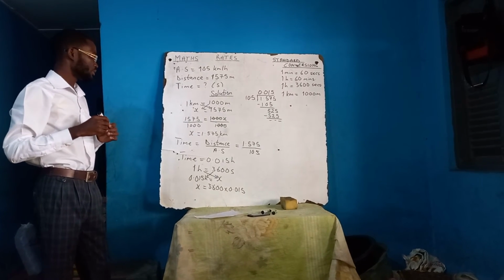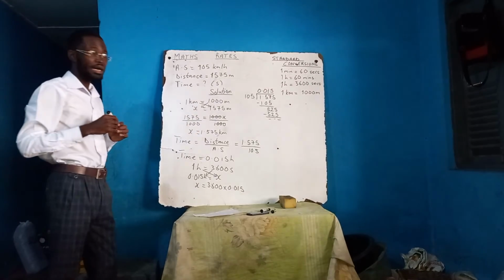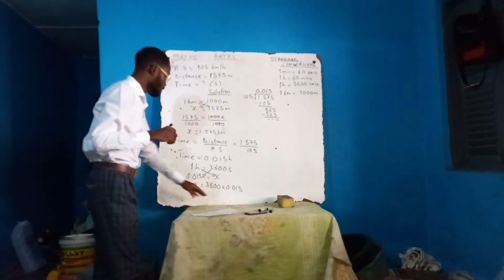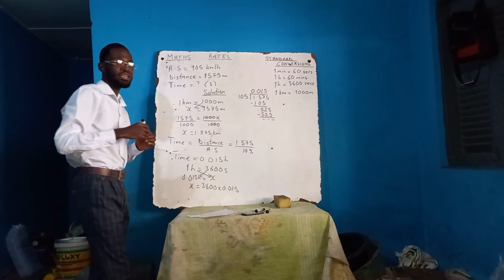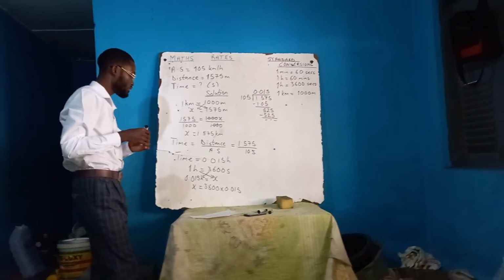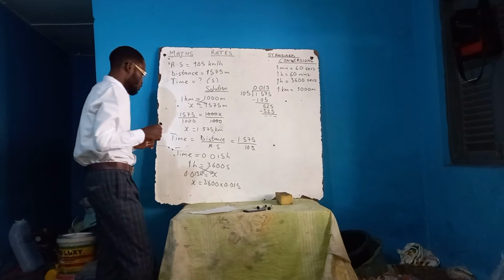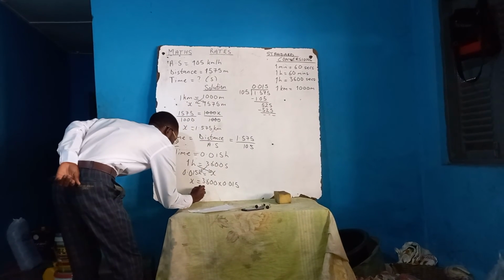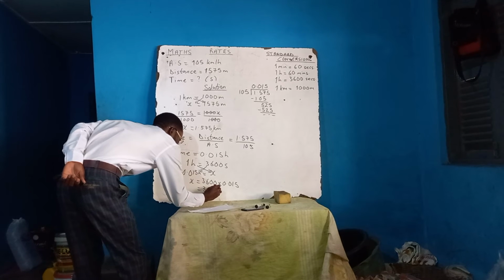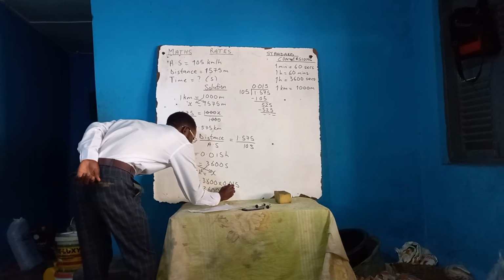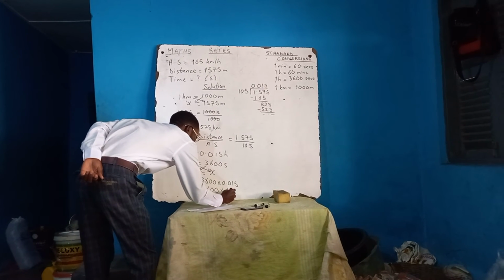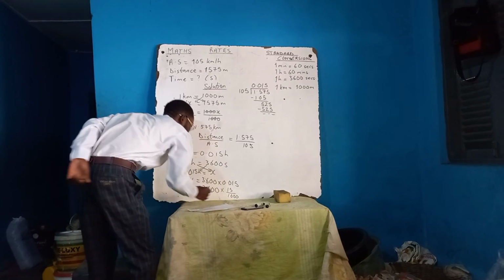Over here, we could translate the decimal into a fraction in order to make our workout more visible. So we are going to have 3,600 times 15 over 1,000.